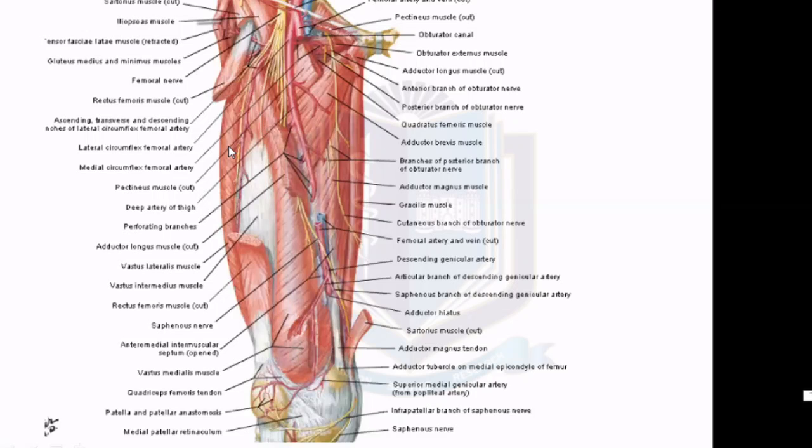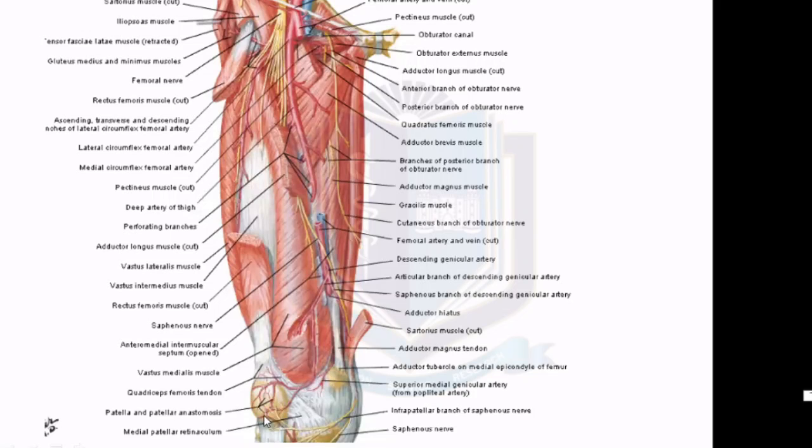vasti. On the lateral side, vastus lateralis. In the center, vastus intermedius, and on the medial side, there would be vastus medialis. So collectively, the tendon of these 4 muscles is inserted to the upper margin of the patella. The tendon of quadriceps femoris, okay, and along the lower margin of the patella, the ligament will be ligamentum patellae.